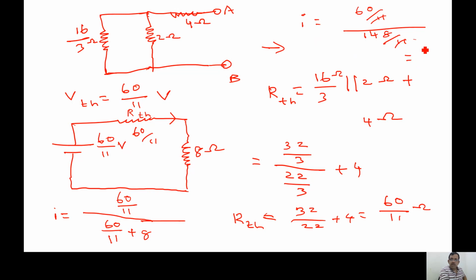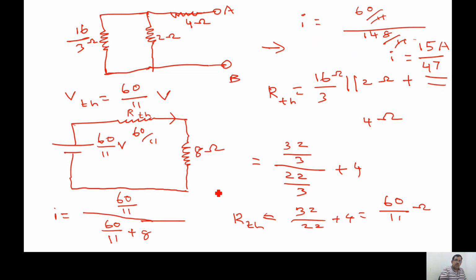Simply it will be 15 by 47 ampere. So current through the resistor is 15 by 47 ampere. So this is the final answer. The final answer is actually the current through the arm AB, the load resistor, is 15 by 47 ampere.